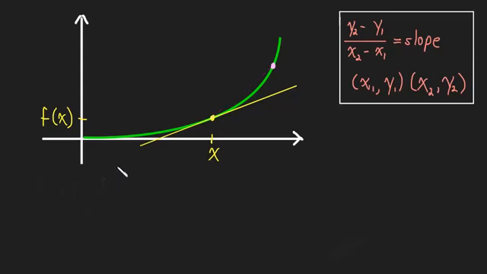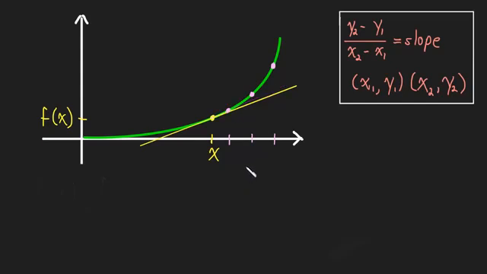And then we say, well, you know what? We want our estimate to be better. So we move our estimation point a little bit closer to the point of tangency. And hey, the slope of that line is a better estimate of the slope of the tangent line. So we say that worked pretty good. Let's move even closer. And now we have an even better estimate.